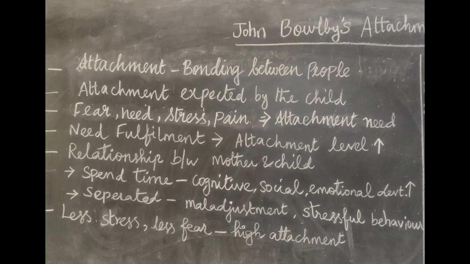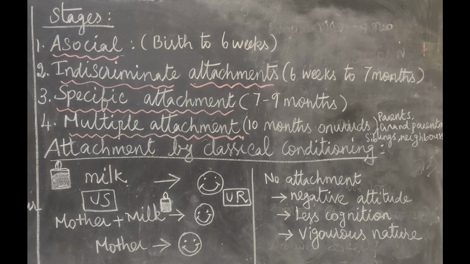Normally, when the attachment is more between the child and the mother, it helps to mold the behavior of the child better. And if the attachment is not made properly, the child develops misbehavior and they develop a maladjustment in future. Let us see the various stages of attachment.